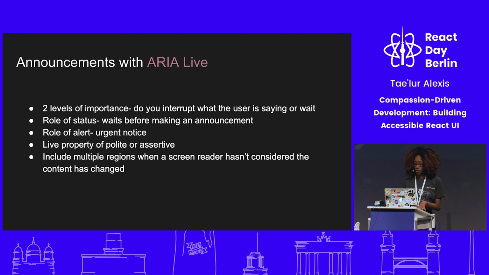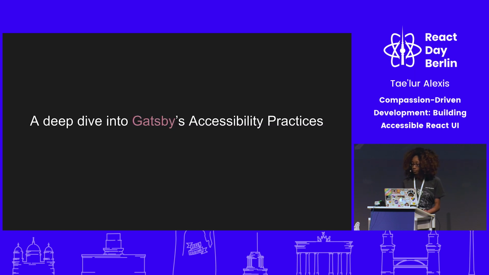With live regions, it announces to the user the importance of a certain message. Do you want to interrupt the user, or should you wait? Not what the user is saying, but what the screen reader is saying to the user. And there's role of status, which waits before making an announcement.